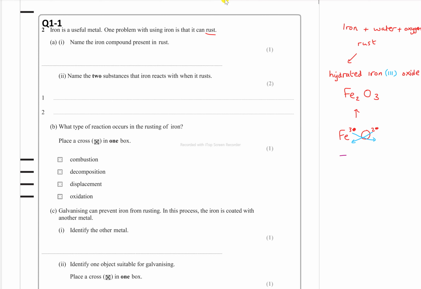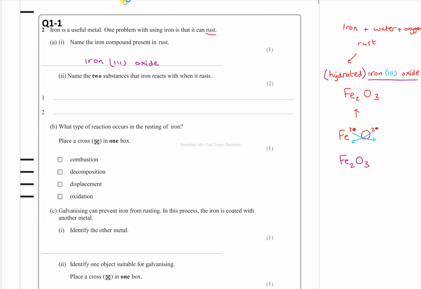So then it becomes Fe2O3. So that's iron 3 oxide, hydrated iron 3 oxide. You don't need to write that. You don't write iron oxide. There's a danger you could lose the mark. So we could write iron 3 oxide. There you go.